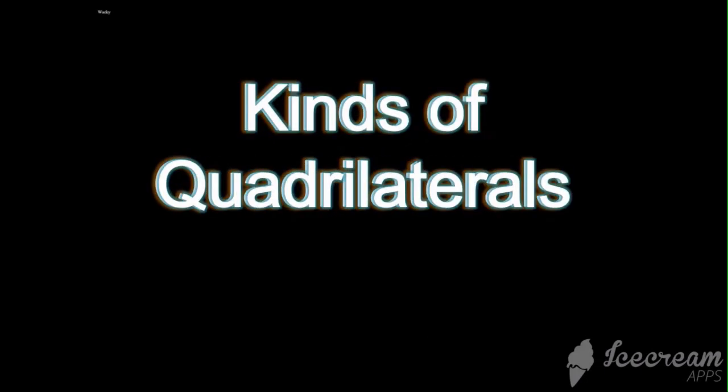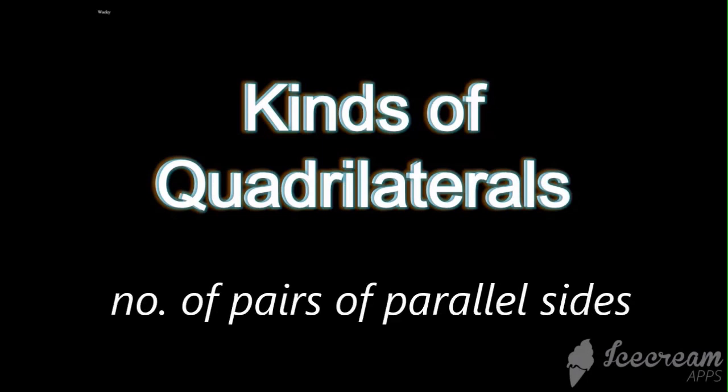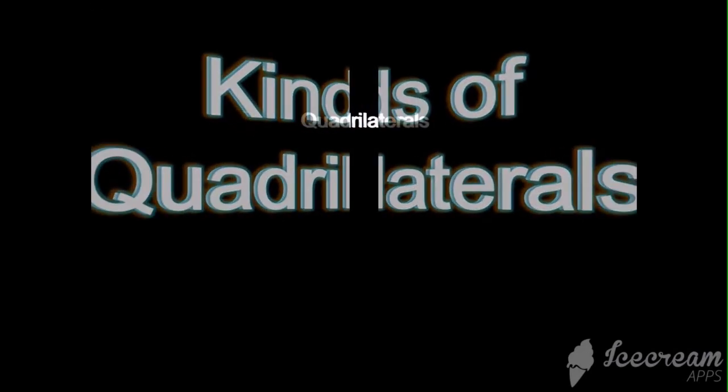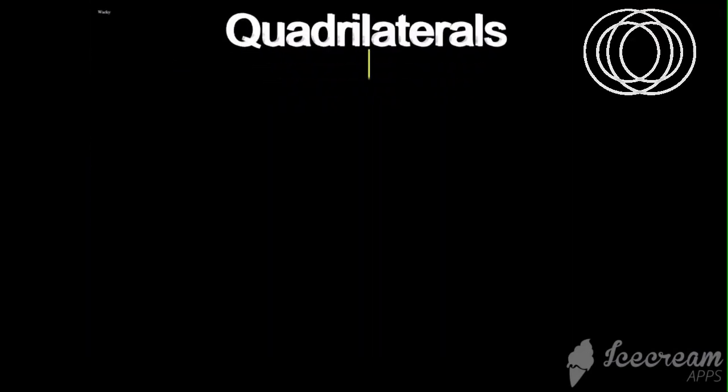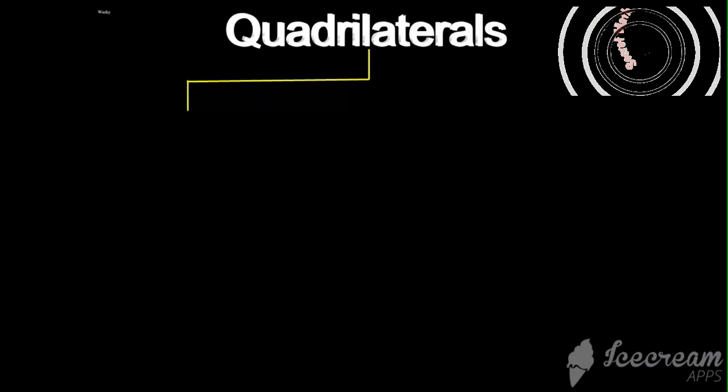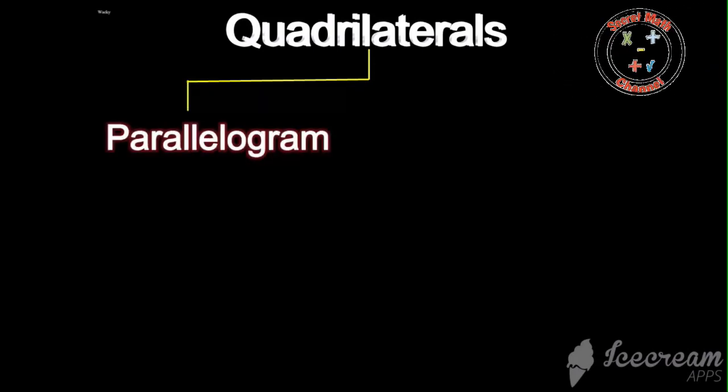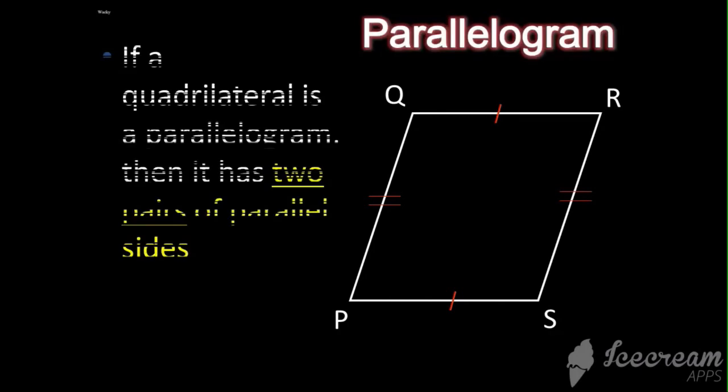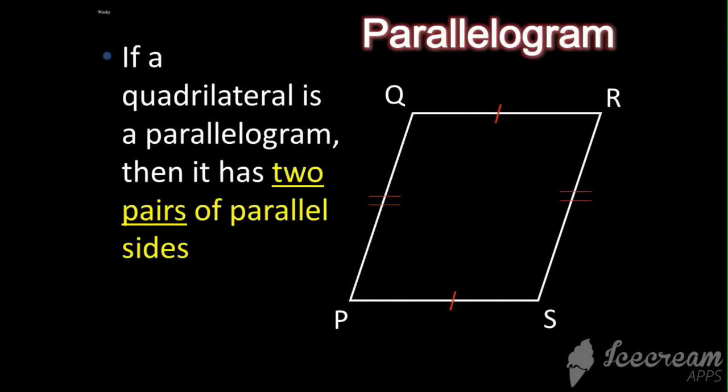Kinds of quadrilaterals. So we can classify quadrilaterals according to the number of pairs of parallel sides. Okay, the first type of quadrilateral is parallelogram. Now, what is a parallelogram? If a quadrilateral is a parallelogram, then it has two pairs of parallel sides.